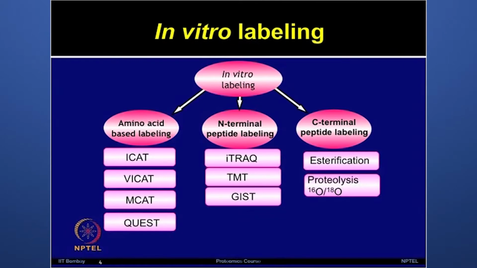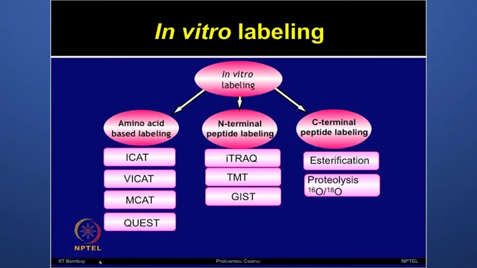In amino acid based labeling, such as iCAT or isotope coded affinity tag, there are other amino acid based labeling methods as well, such as VICAT or visible isotope coded affinity tag, MCAT or mass coded abundance tagging, and QUEST or quantitation using enhanced signal tags.